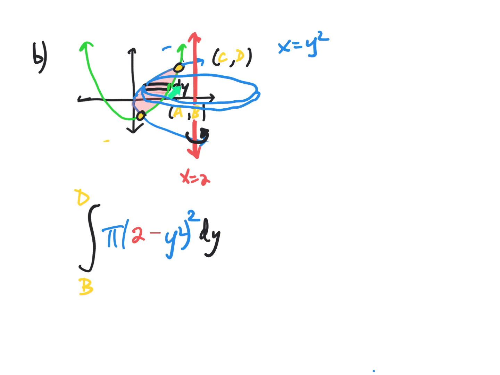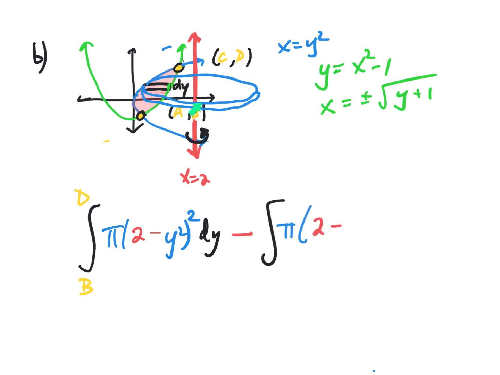Then from that disk, we don't want all the white region, so we're going to be subtracting the inside disk, whose radius is the distance from the red line to the green curve. And the red line is again 2, and we subtract the x value of the green curve to get that inside radius from here to here.